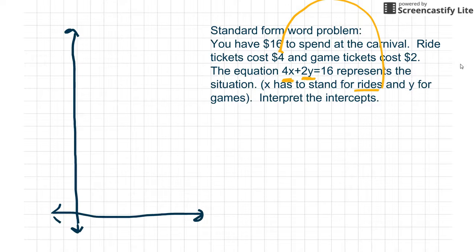How I know that is because you have to go back up to the problem, and it says that ride tickets are $4. So that's why I can see that the 4x stands for rides, the 2y stands for games, and the 16 is the total that I have to spend. And they will give that to you. You don't have to make that up.